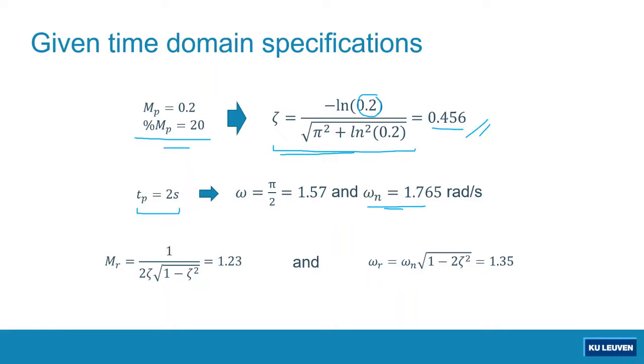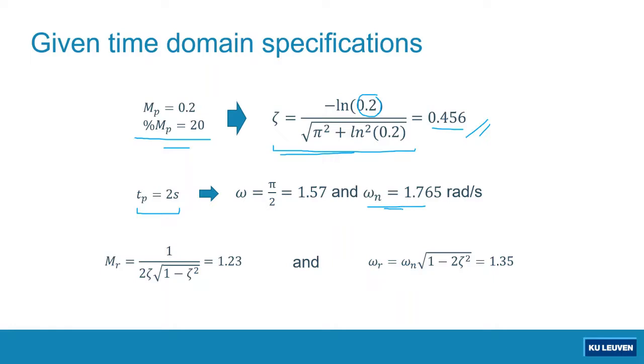So from these two features of our unit step response, we can translate the information of percent overshoot and peak time to zeta and omega n, where zeta in this case is equal to 0.456 and omega n is equal to 1.765 radian per second.